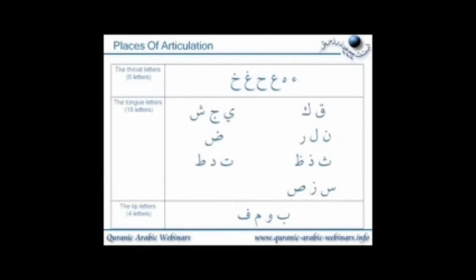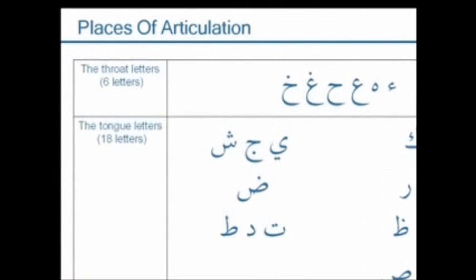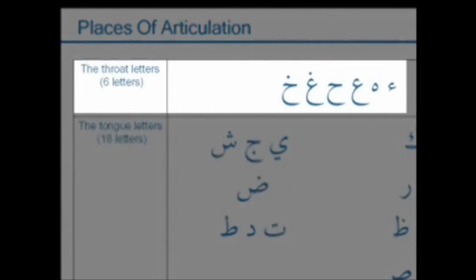So places of articulation. This is a slide just showing the letters all grouped together according to where you pronounce them from in the 3 major parts of your mouth. So you've got the throat letters, which are 6: hamza, the soft ha, the ain, the forceful ha, the ghain, and the kha.